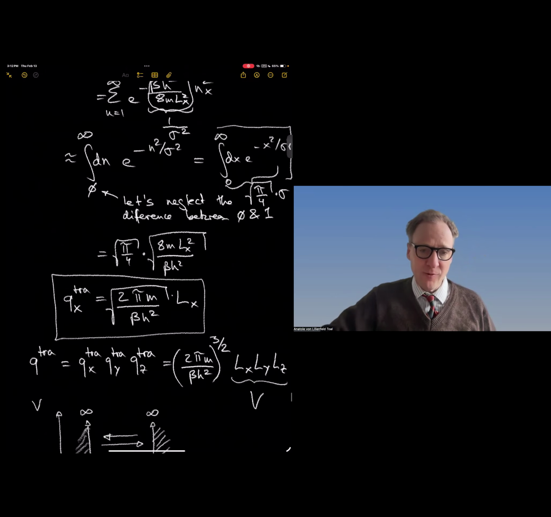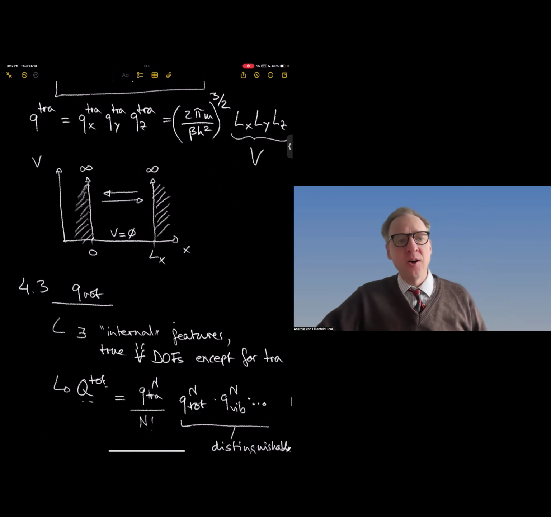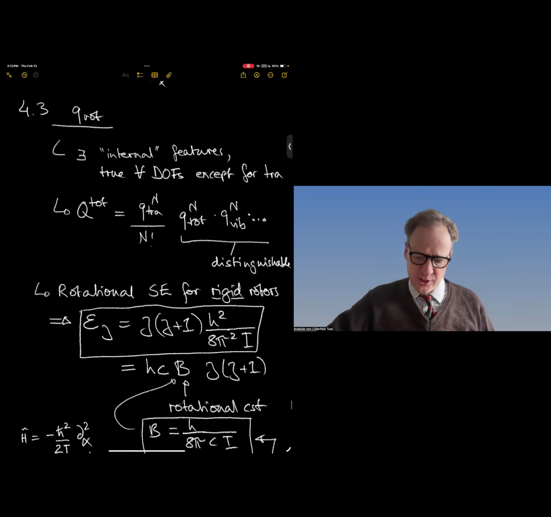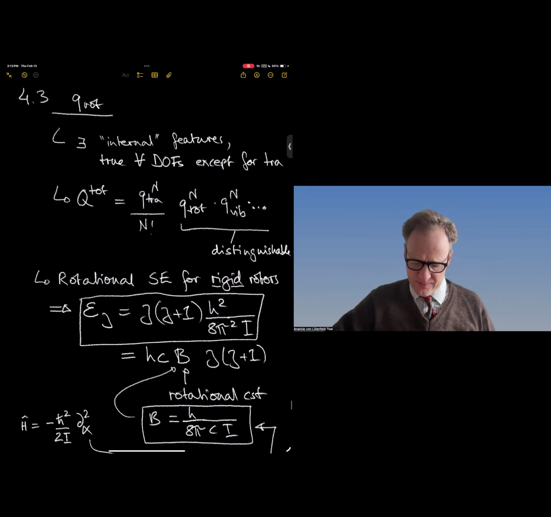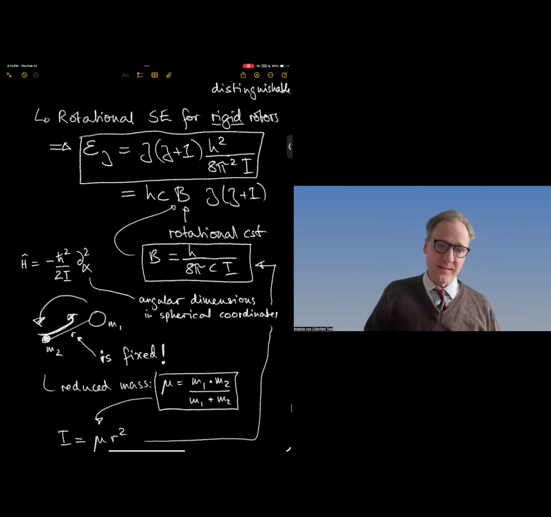So we are in chapter 4.3 on the rotational partition function. And in particular, we talked about this diatomic here, drawn here. So two atoms that are bonded at a rigid distance r, small r, with a reduced mass mu.